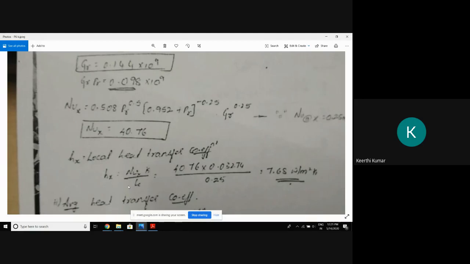If it is turbulent, we did 1 by 0.8 into hx. If you want, you can cross-check by going back. The difference between hx and h average in laminar for forced convection is 2 into hx. In the turbulent region, it is 1 by 0.8 into hx.